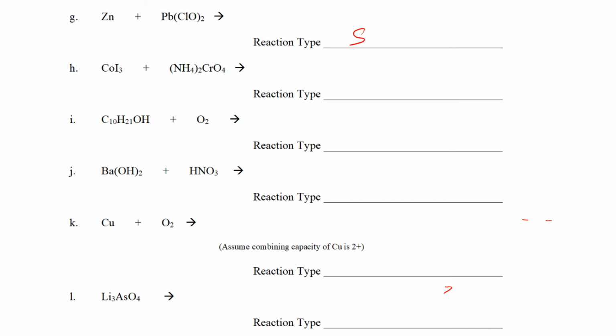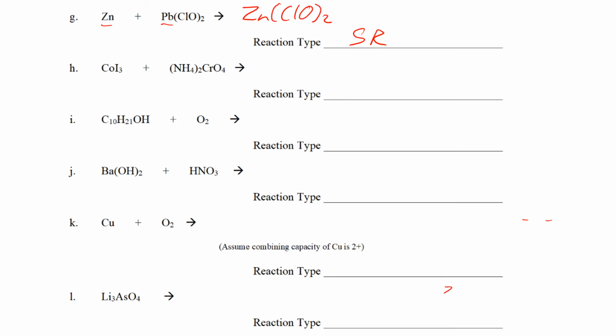So again, this one right here is going to be a single replacement because we have a single element plus a compound. The metal is going to replace the other metal, which zinc is going to be replacing lead. So it's going to be zinc and Zn(ClO2)2.